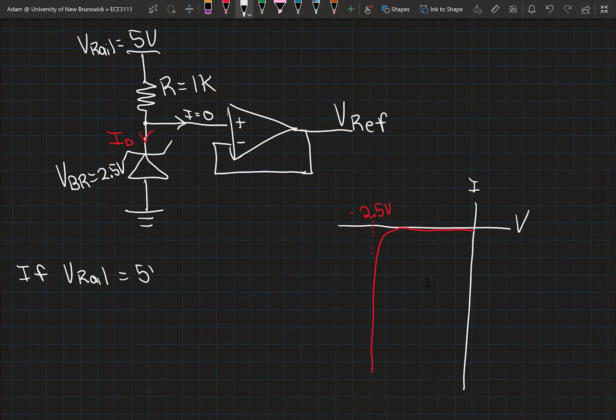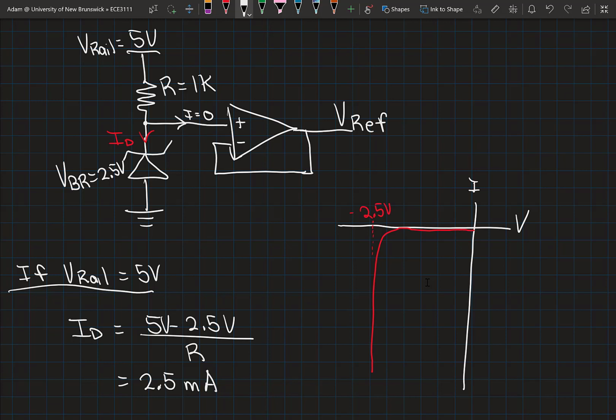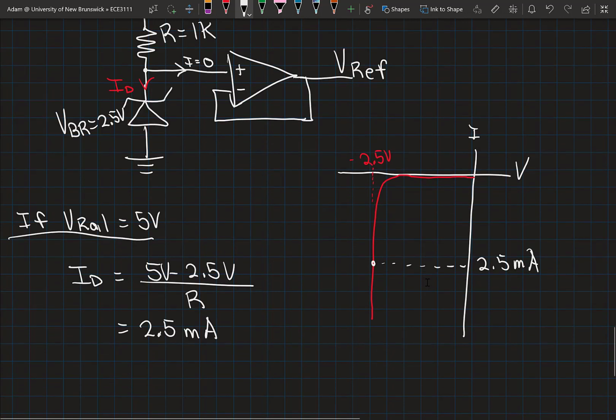So if V rail is 5 volts, then my current through my diode is going to be 5 volts minus 2.5 volts, the Zener breakdown voltage, divided by R, and I'm going to be operating at a reverse current of about 2.5 milliamps. That puts me down here somewhere on my breakdown characteristic.